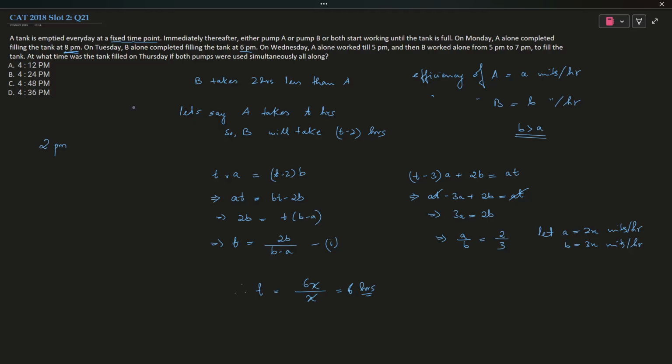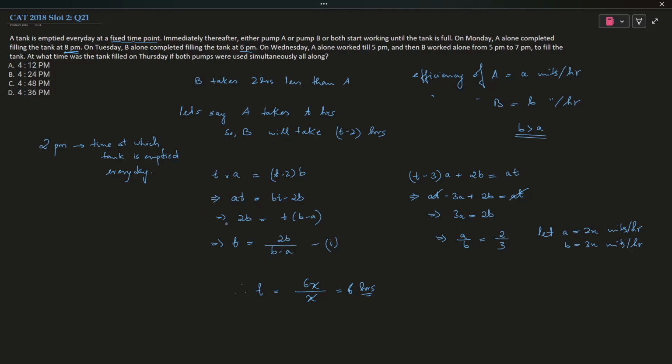That means at 2 p.m. the tank was completely emptied. So this is the time at which the tank gets emptied every day.